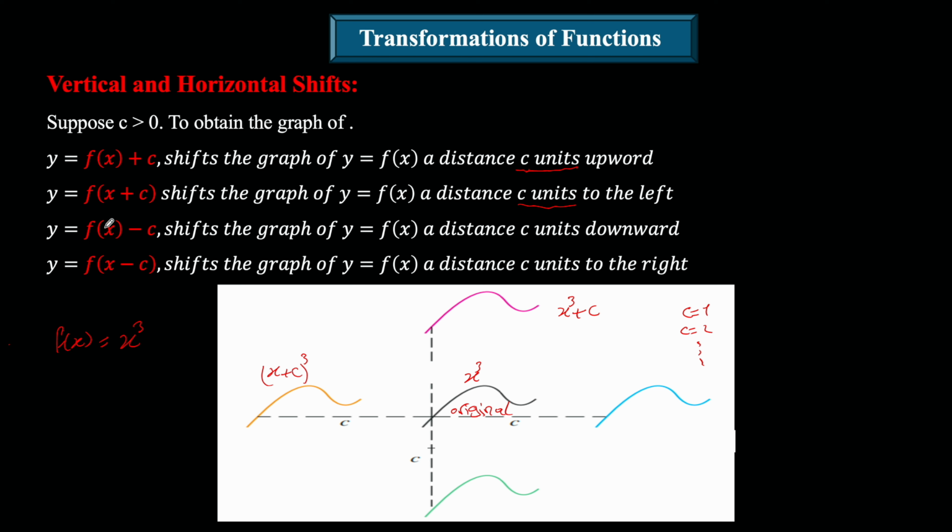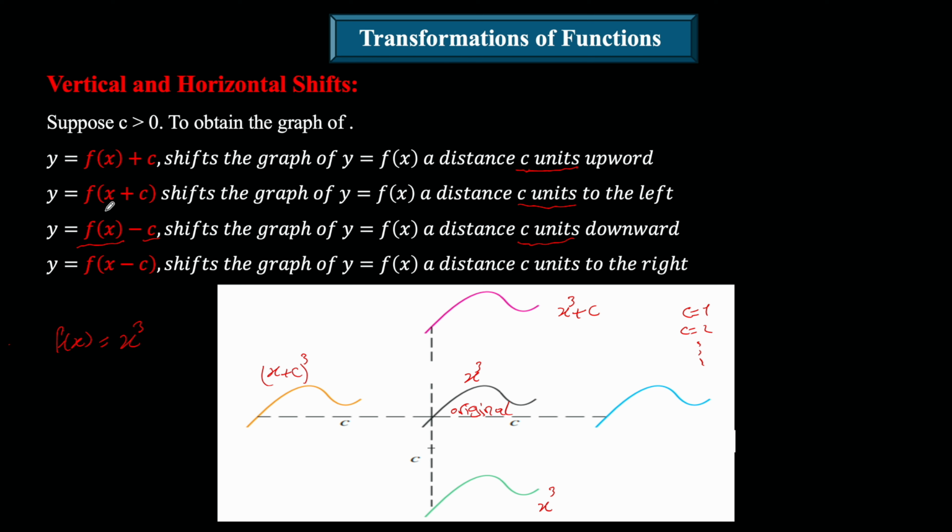Now what if I want to move my curve downward? Simply y is equal to f of x minus c. It shifts the graph of y is equal to f of x a distance c units downward. So I will just take my function, x to the power 3, and make it x to the power 3 minus c. You see, f of x is alone, and c is alone, meaning they are separated.